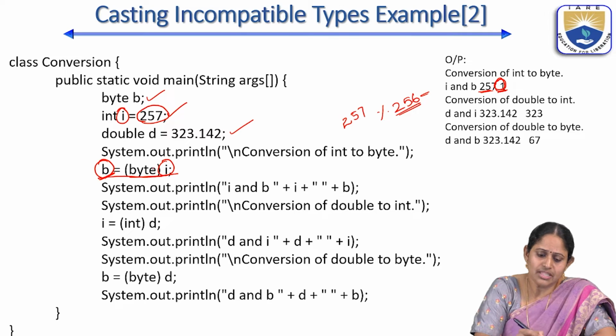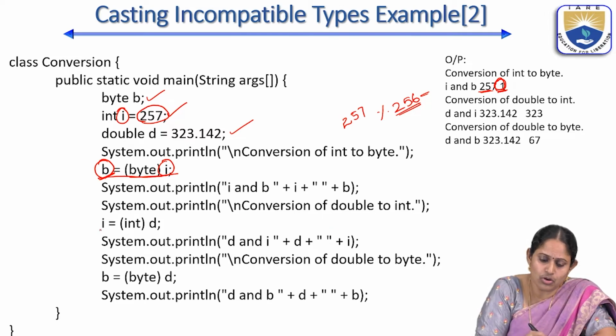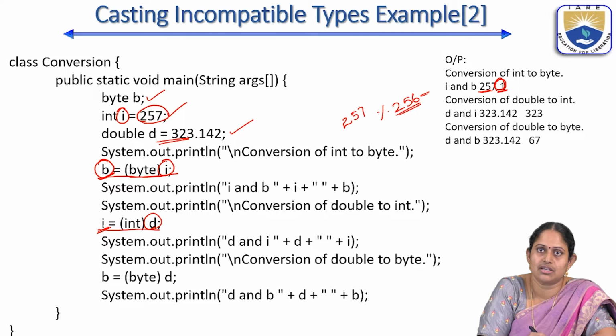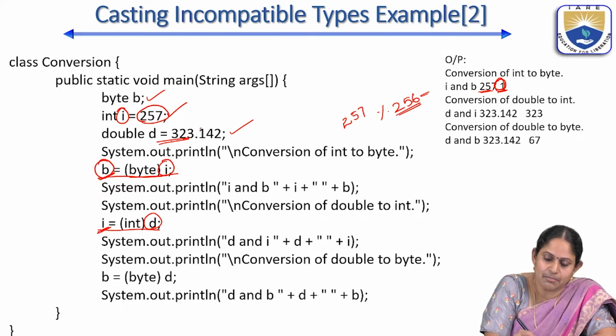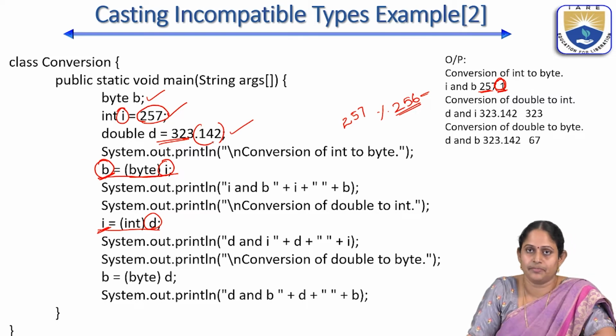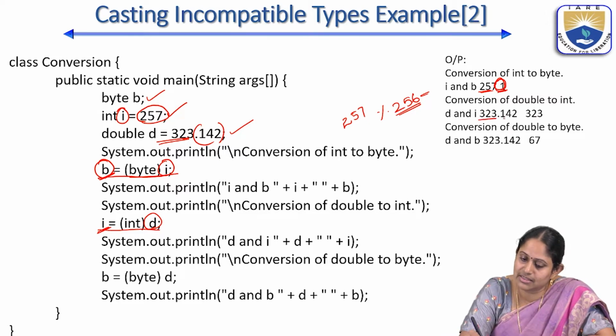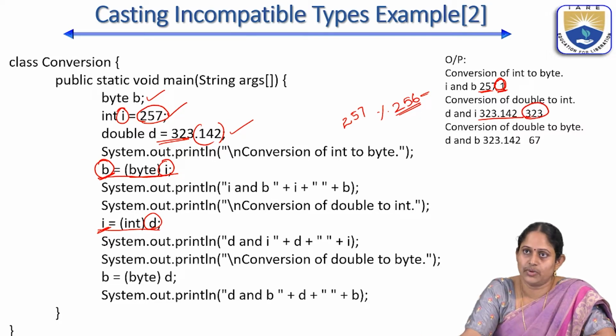Similarly, the d variable is a double, and we are typecasting it into an integer. We are storing the d variable into an integer. What happens here? The decimal part of the double variable will be truncated. This is the double variable, and after typecasting we get only 323.